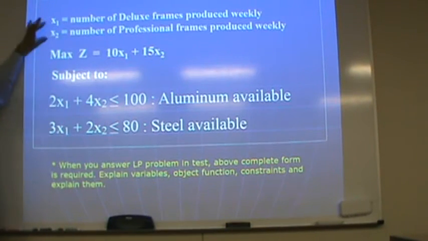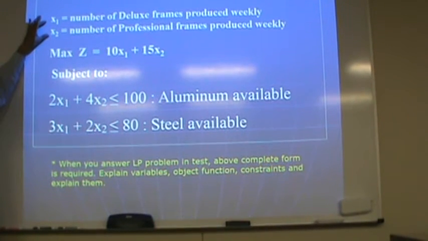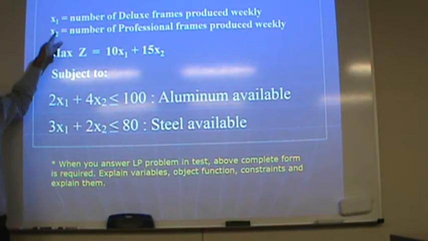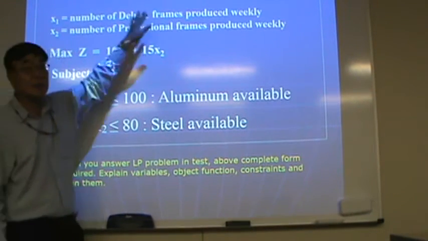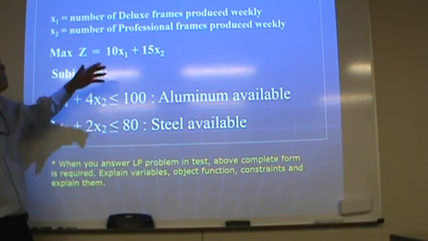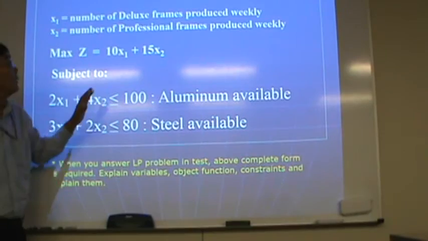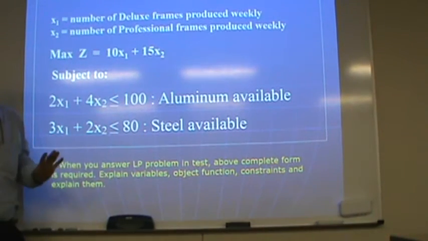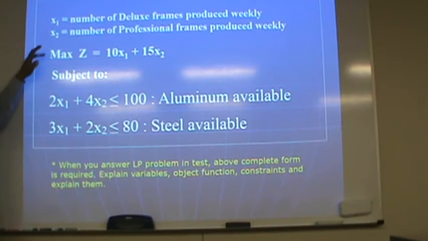So first you need to define decision variables, x1 and x2. Then explain what x1 is, what x2 is. You don't have to write this long. Just x1 deluxe frame, x2 professional frame. That's okay. And then you need the objective function.